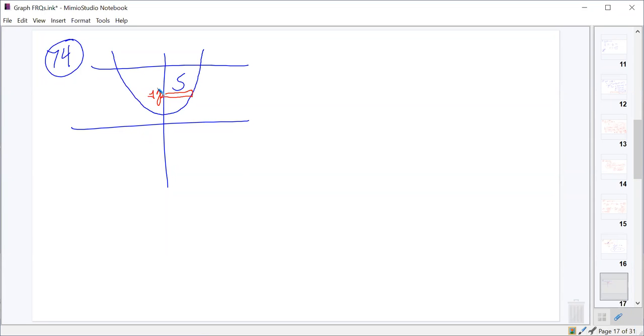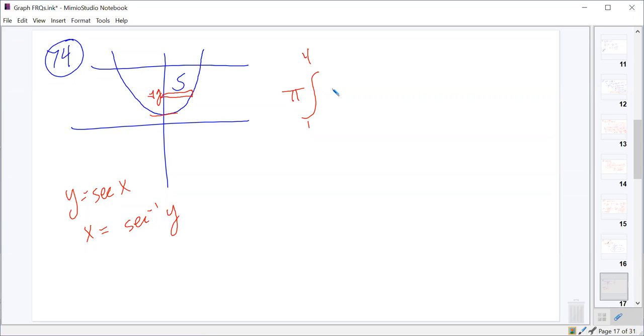So we want to rotate this region S around the y-axis, which should give us a disk. It should be pi times the integral from the lowest y value. Well, the lowest y value there, secant of 0 is 1. So it should be from 1 to the highest y value, which is 4. And your radius here should be whatever x is. Well, if y equals the secant of x, then x ought to equal the inverse secant of y.